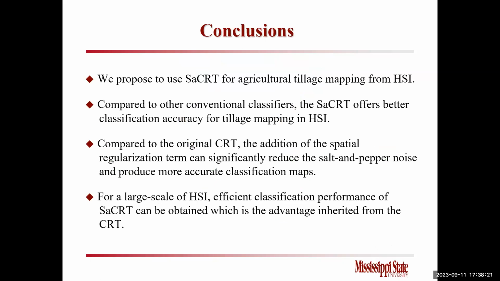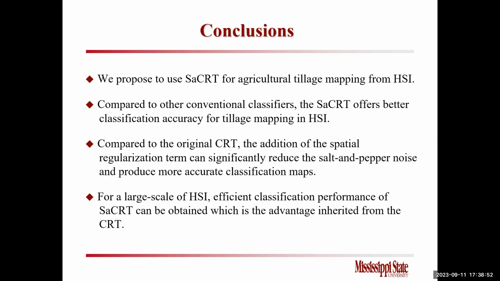So this slide just summarizes a little bit. Here we propose to use the spatial-aware CRT for agricultural tillage mapping. The reason I show you this application is simply that this is the data available to us, and we have the ground truth available. Compared to other conventional classifiers, it offers the highest accuracy for tillage mapping.